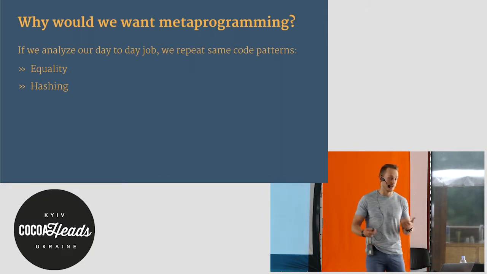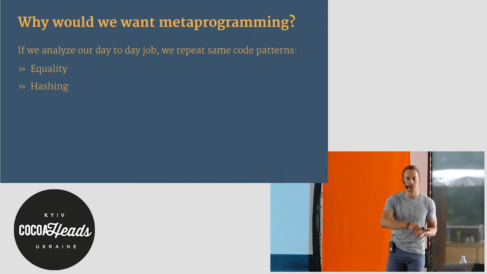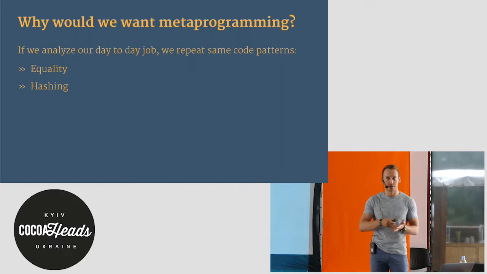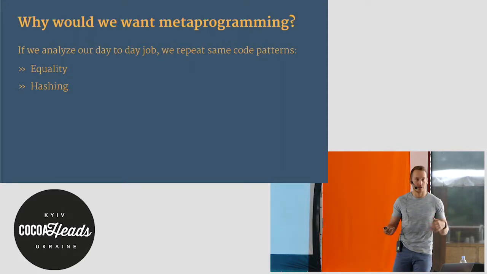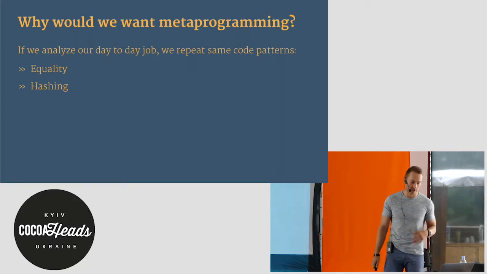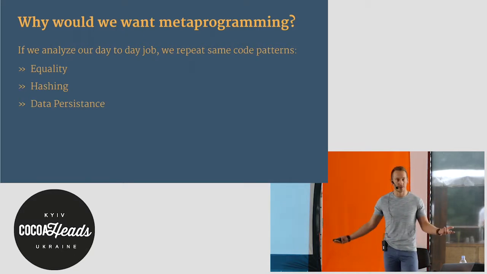When you have equality, you have hashing, right? Being able to put something into a dictionary requires you to be able to calculate its hash value for each object that you want. And oftentimes, you might even want to store view controllers in a hash table because it might be an optimization. So there's a lot of use for those two use cases. Data persistence is a big one, right?